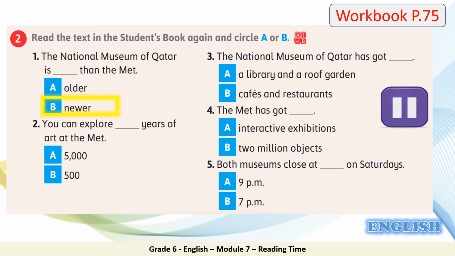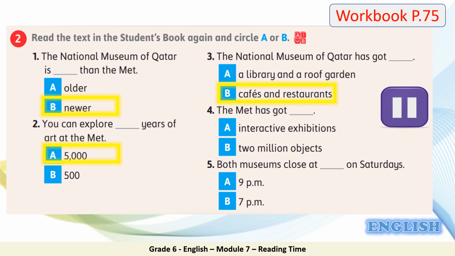Now pause the video and do the rest on your own and check your answers when you come back. Welcome back. Let's check our answers. Number 2, you can explore space years of art at the Met. Well done. Number 2, 5,000. Number 3, the National Museum of Qatar has got great cafes and restaurants.